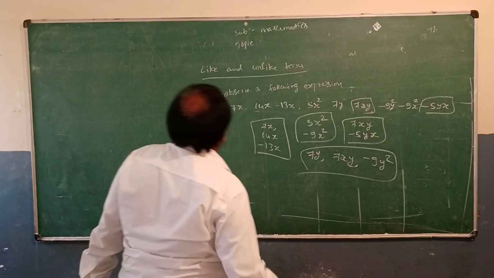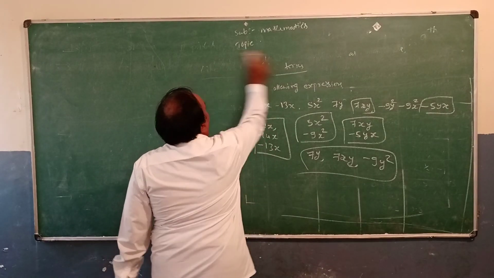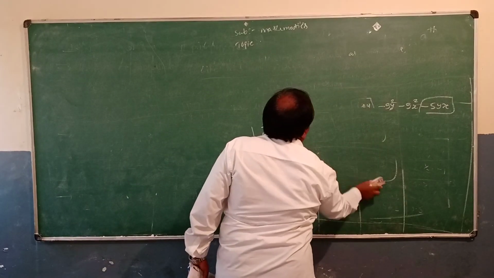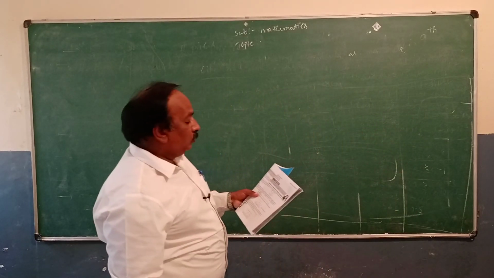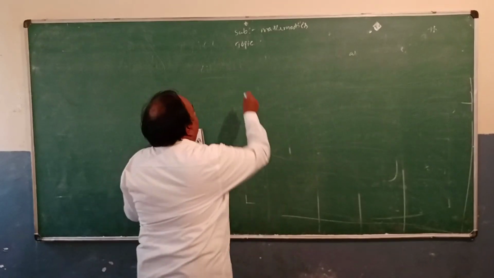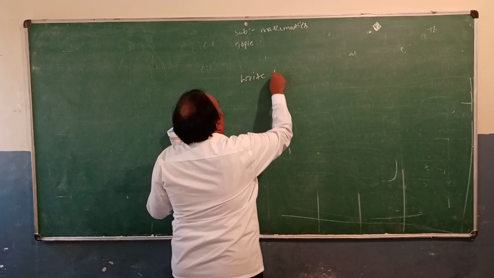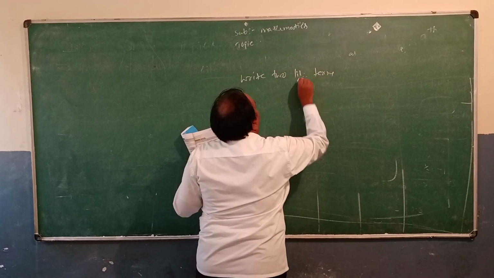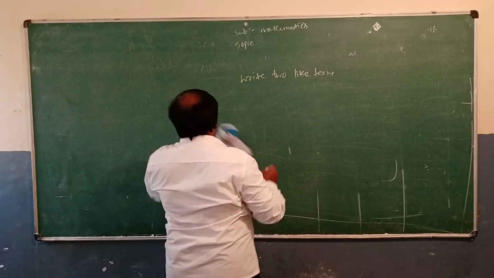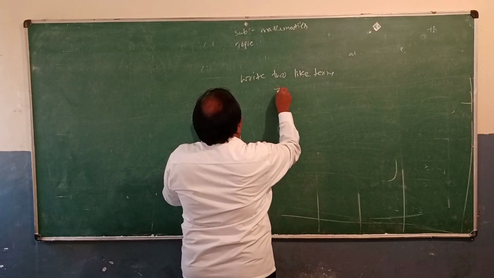Okay. Now there is a question given for you. You have to write it yourself. Write two like terms for each of the following. First one is 7xy.